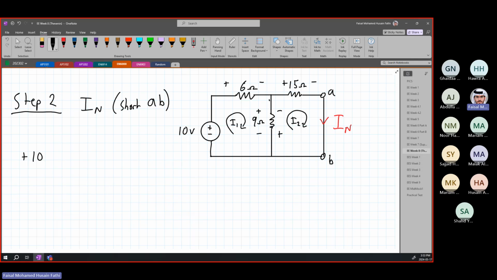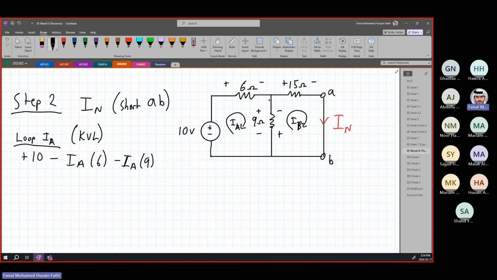Okay, so it's going to be plus 10. This is for loop I1, or let's call it IA, since we usually call them IA and IB. So loop IA: KVL, plus 10, and then we're going to have a voltage drop of minus IA times 6 minus IA times 9.